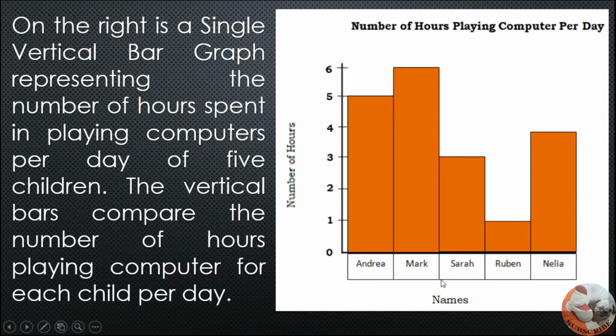Here are the names of the children. And here are the vertical bars representing the number of hours spent in playing computers per day.